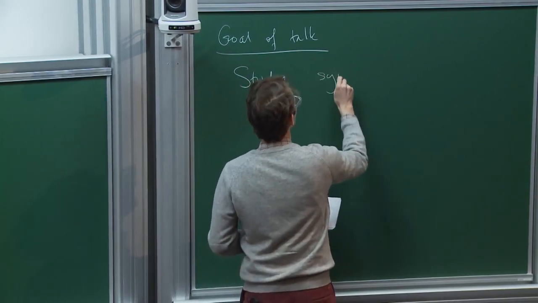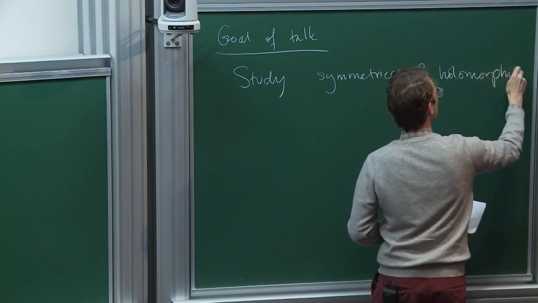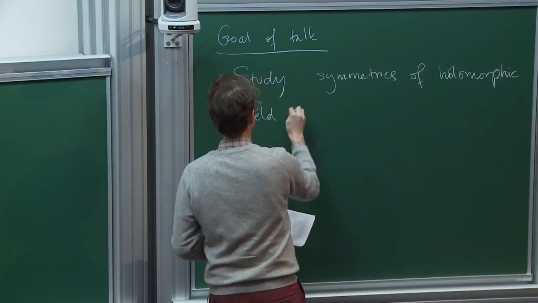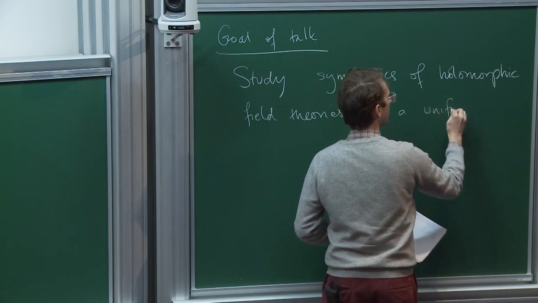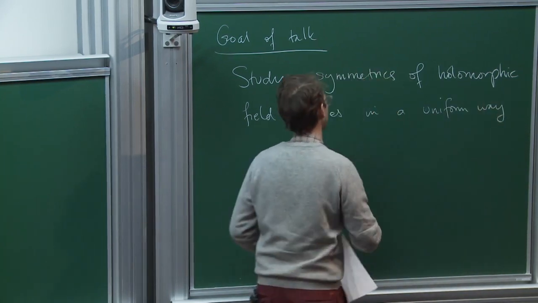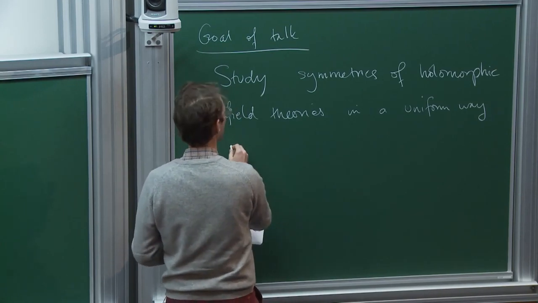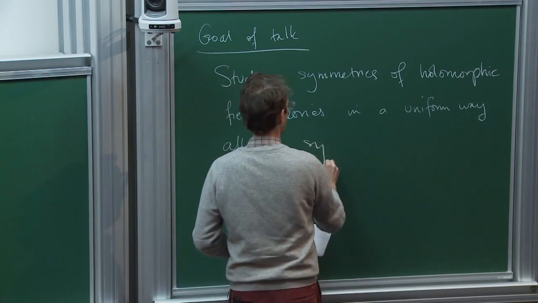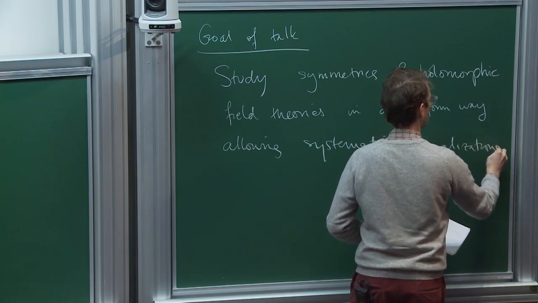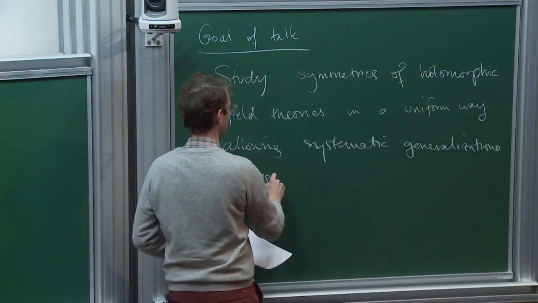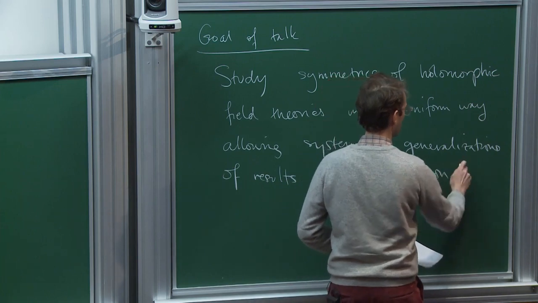So study symmetries of holomorphic field theories in a uniform way, meaning working over different dimensions, not just in, say, complex dimension 1, allowing systematic generalizations of results from chiral CFT on Riemann surfaces.